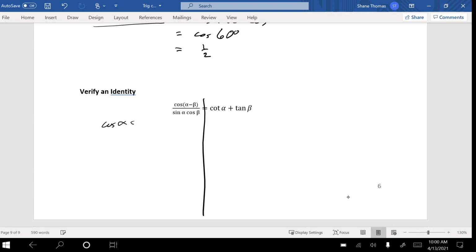Cosine alpha cosine of beta plus sine alpha sine beta all over sine alpha cosine beta. Okay, so all I did was replace the top using that. Now that's a formula you can use for individual angles. It's also now another identity you could use. That's an alpha on the bottom. Is that what you're asking about?